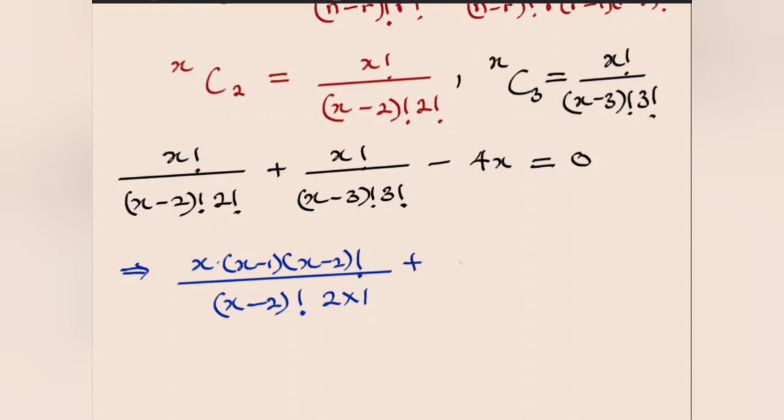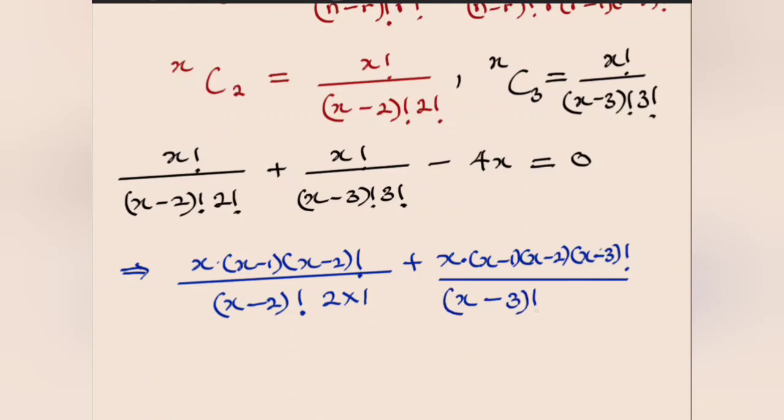We have x factorial, which is the same thing as x multiplied by x minus 1, x minus 2, then x minus 3 factorial, divided by (x minus 3) factorial, then 3 times 2.